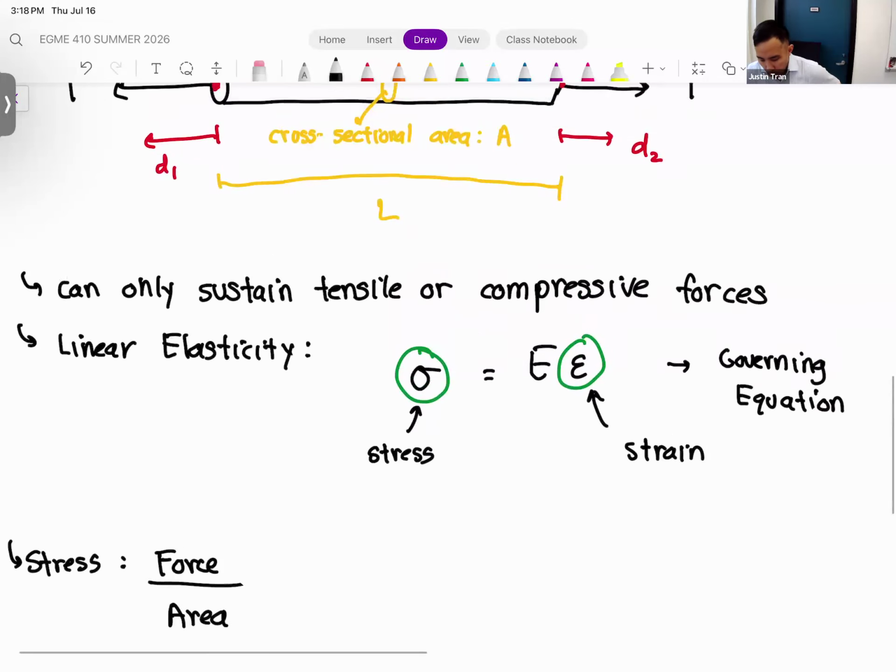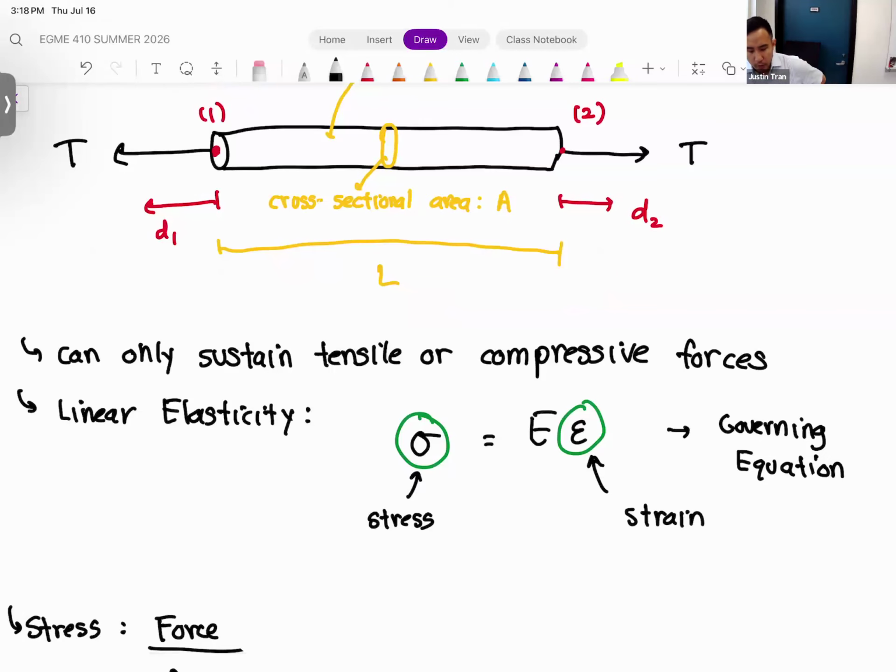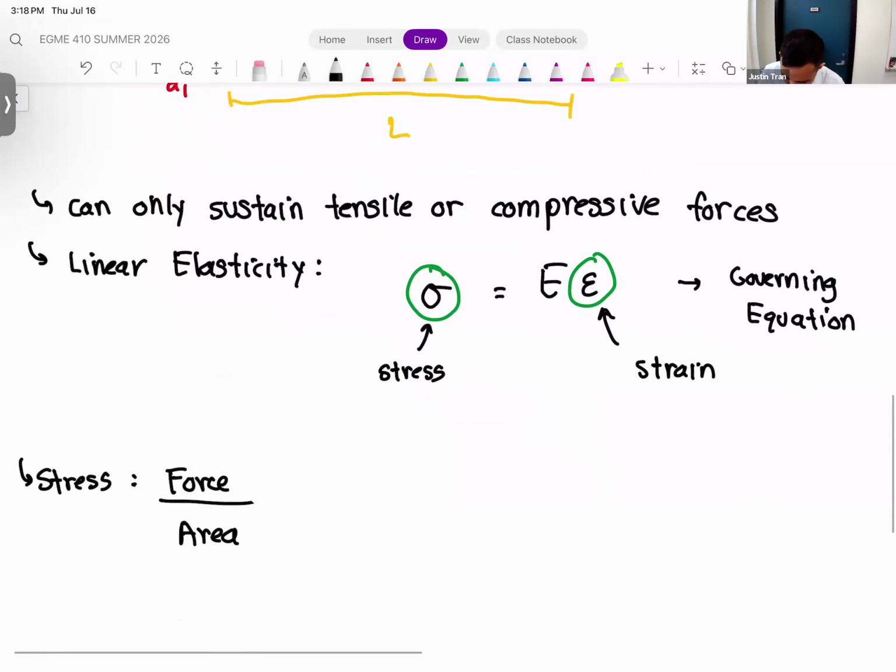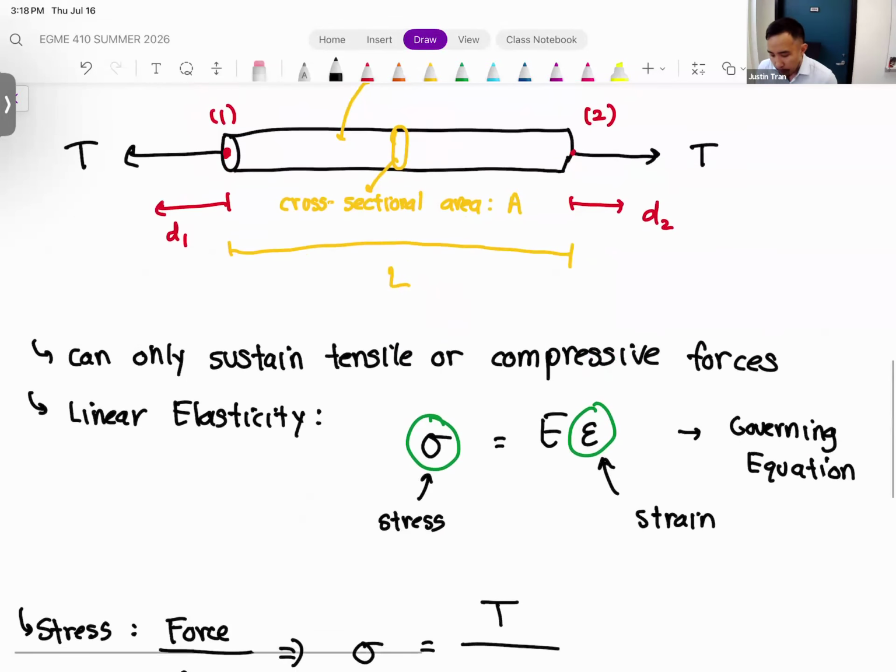For this situation, we're only given one force subjected onto our truss bar, which is the tensile force T. So sigma is equal to tensile force T, distributed across the cross-sectional area of the truss bar, which is also given, A.